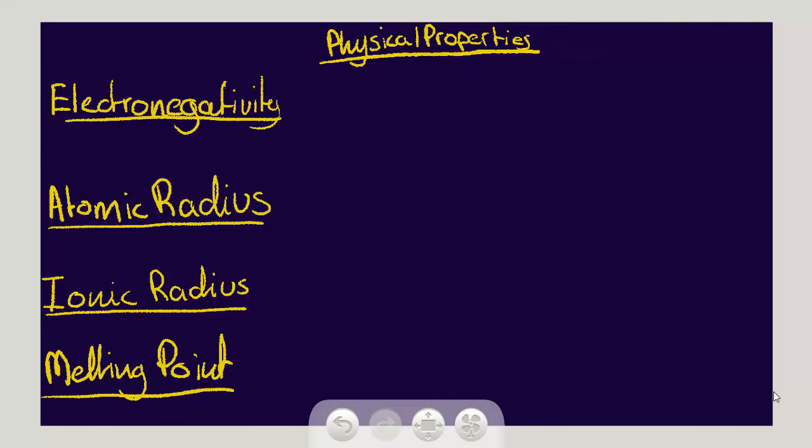It is dependent on the atom's nuclear charge, and based on trends, electronegativity decreases down a group. The most electronegative atom is fluorine, which has a very high electronegativity, and this makes sense due to the fact that it's a halogen, and because halogens require an extra electron to become a noble gas.